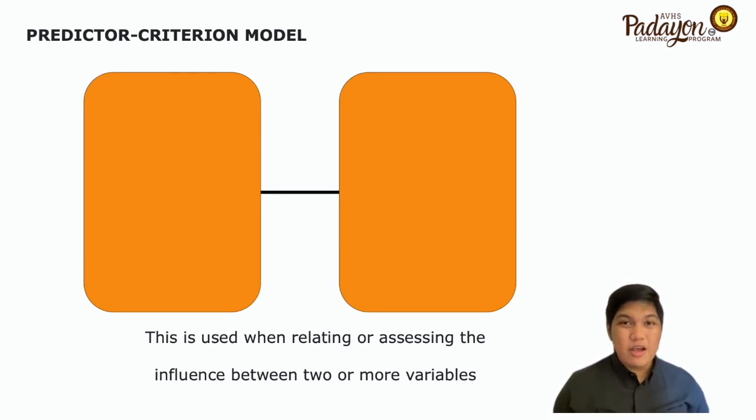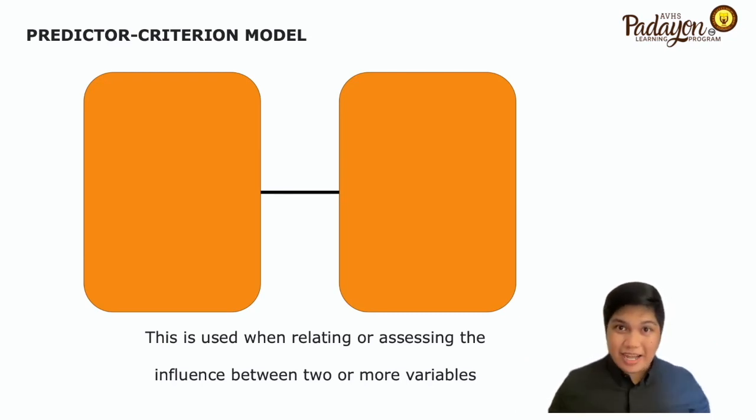One best example of predictor criterion model would be a study on relationship status and academic performance. So as you can see, we don't really manipulate variables here because being in a relationship or being single is given. And your academic performance is also given. You don't really do experimental here. However, what you're only doing is collecting data from those who are single and those who are in a relationship, and we also get their data on whether their academic performance is good or not.